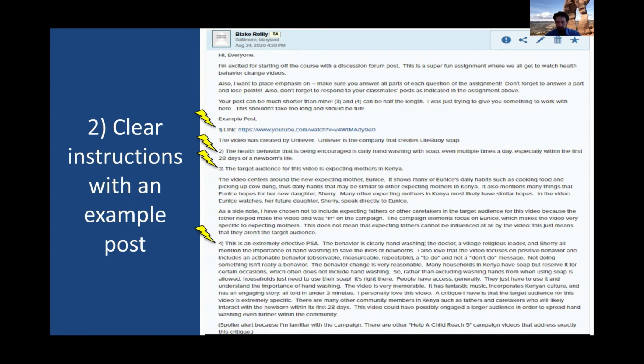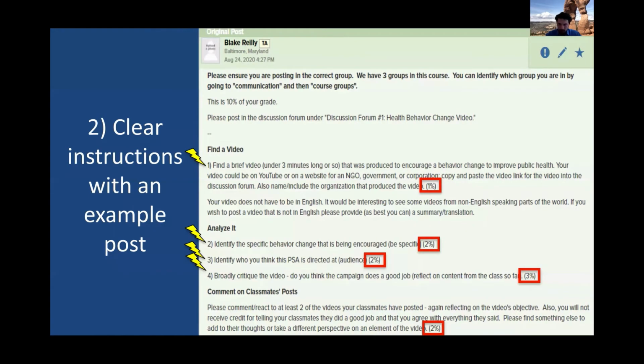And Ryan, if you go back a slide, you can see in the red boxes, our discussion forum is out of 10 points. So in the red boxes here, you can see how many points each section is. So when students are going along, they can count up their points as they go, which we've heard that they like as well in terms of it being very specific.